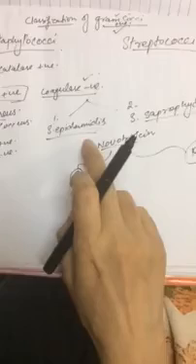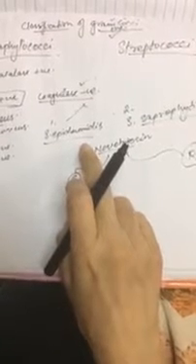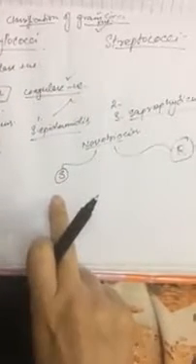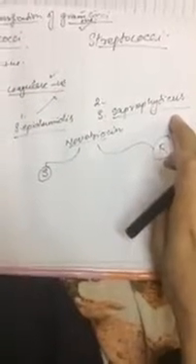So the Staph epidermidis is a gram-positive coccus. It is catalase positive, coagulase negative, and novobiocin-sensitive. While the saprophyticus is a gram-positive coccus, catalase positive, coagulase negative, and novobiocin-resistant.